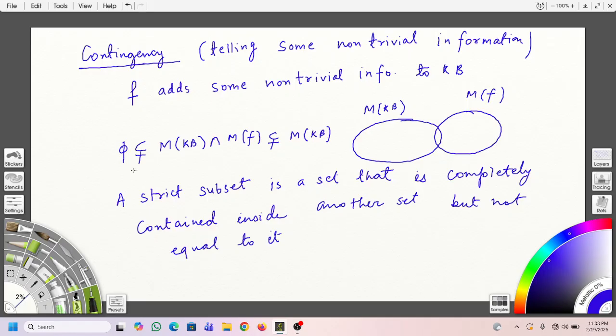Here you can see that phi is completely contained inside this intersection. Phi will be in this intersection, because phi belongs to every set, but is not equal to it. Similarly, this intersection is completely contained inside M of KB. This is also true, but it is not equal to it.